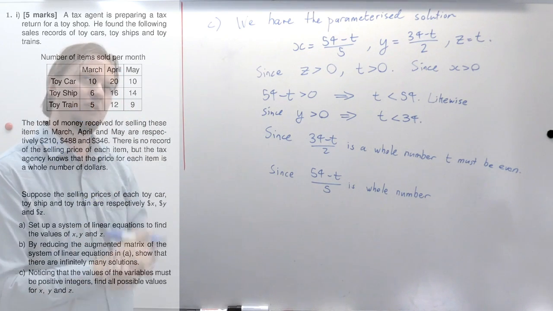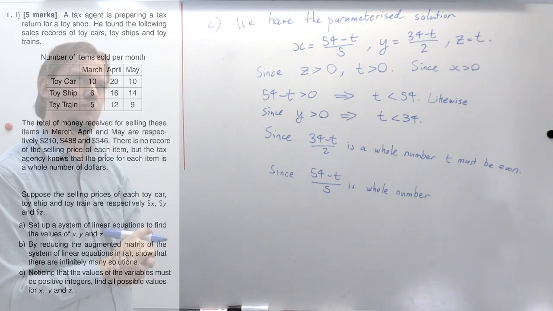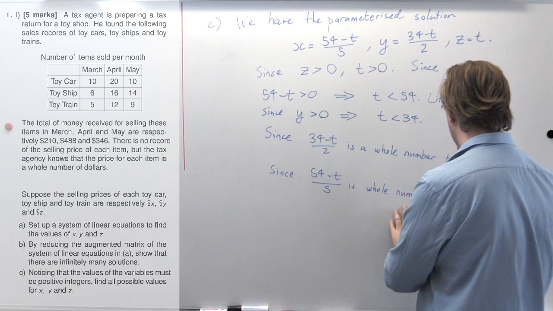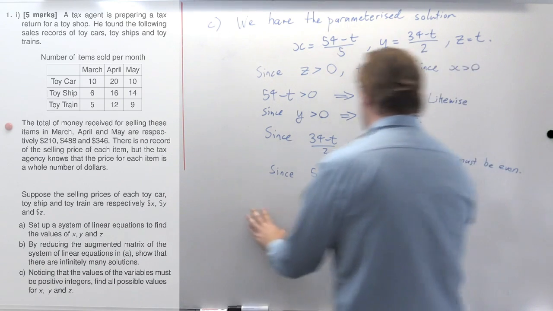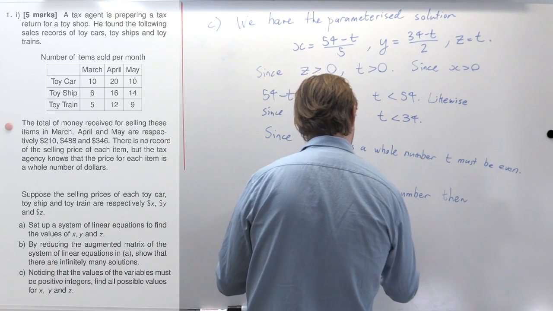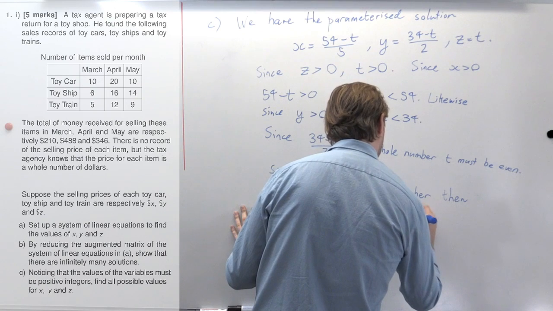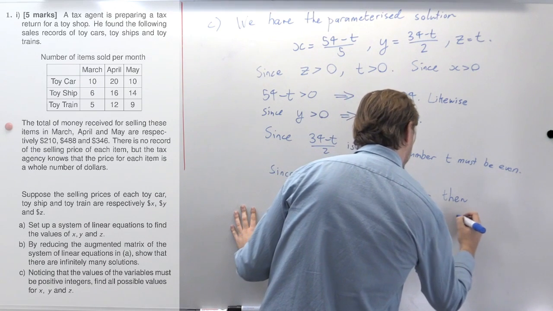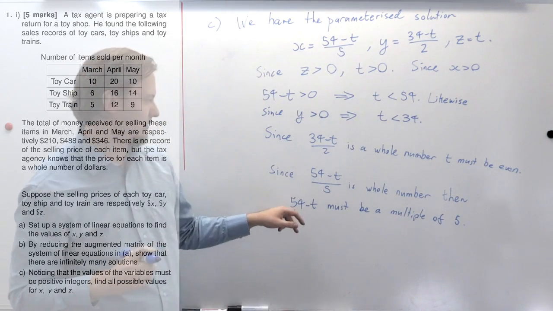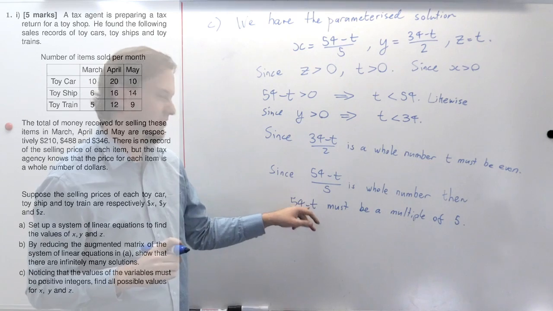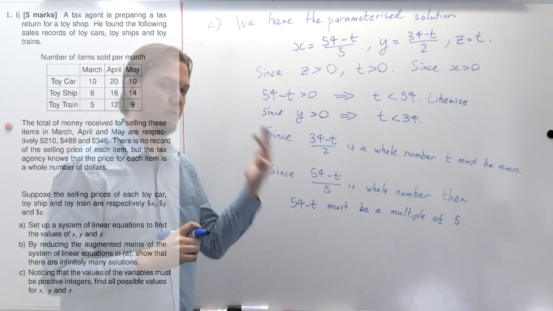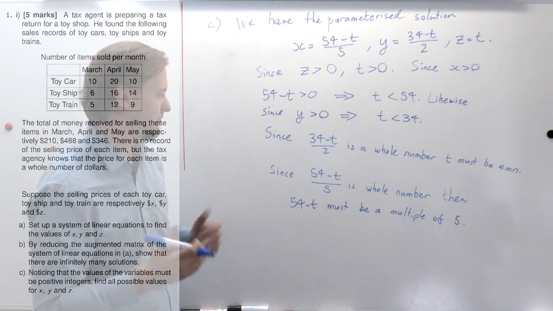Maybe I won't try and say it that way, that way's a bit confusing. I'll just say, since that is a whole number, then 54 minus t must be a multiple of 5. So, for example, t would have to be something like 4 or 9 or 14 or 19. Those are the only options we have.